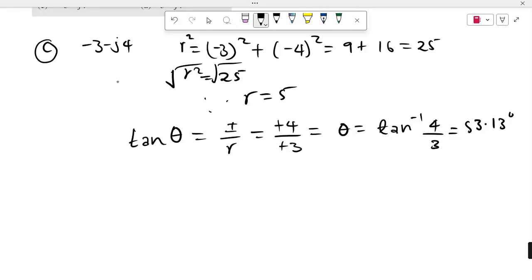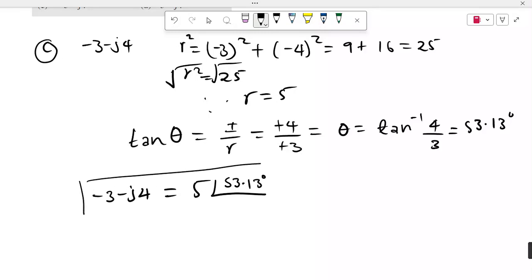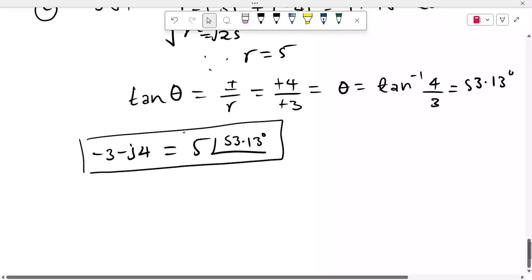Okay, so what will vary with these questions is its position on the coordinate. So its position will change. So we'll show them on the polar coordinate for those who want to understand better. But the question doesn't require us to do that. So just for completeness' sake, you have 53.13 degrees. Okay, so this is your answer. This is in polar coordinates. This is what they want.